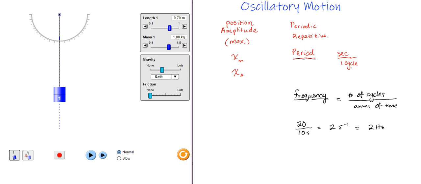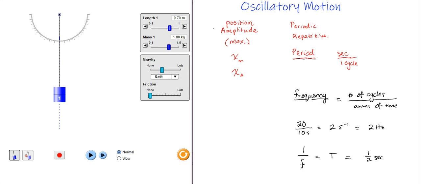Now, it hasn't told me how long it takes to make one cycle. That's indirectly connected. So what I can do then is say that the inverse of the frequency will give me the period. Because if you can do 2 cycles every second, it takes half a second to make 1 complete cycle. And so that's how the period and the frequency are connected to one another.